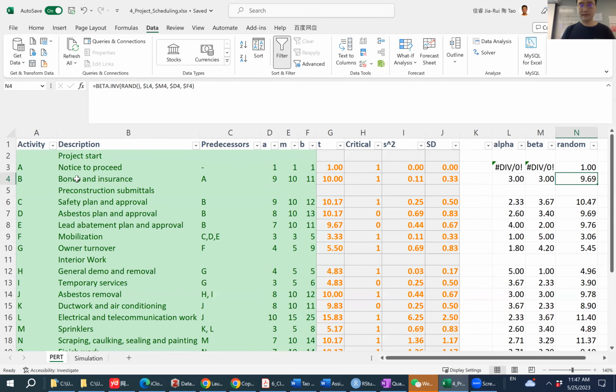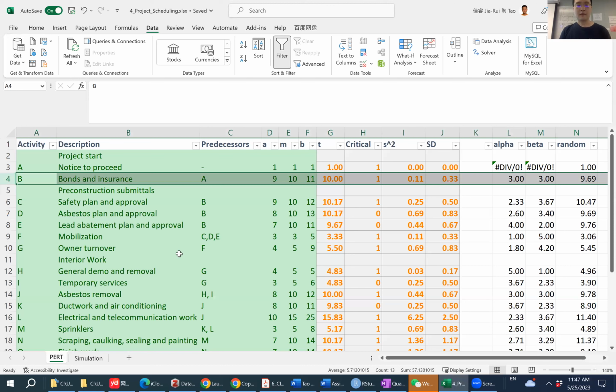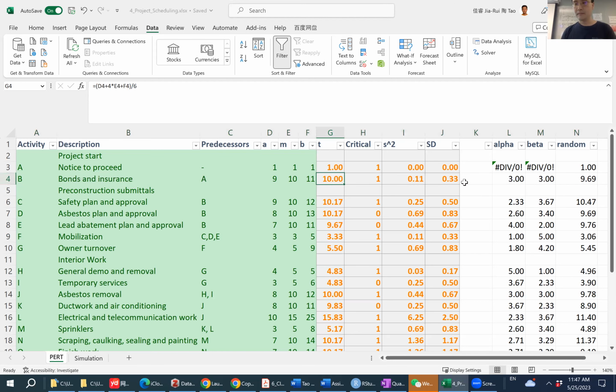Anyway, as you can see here, for activity B, originally we estimated the expectation to be 10, but the simulated duration this time is 9.69. It's slightly smaller than using the PERT approximation.